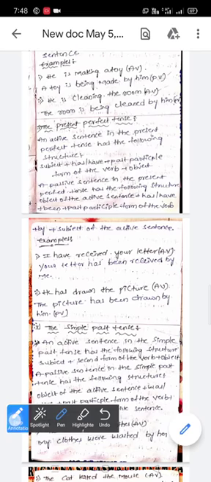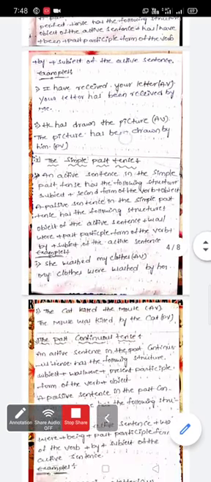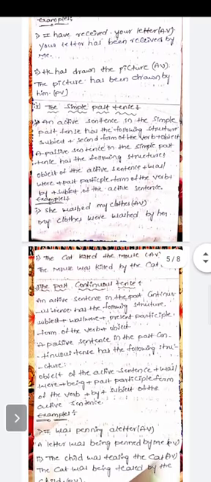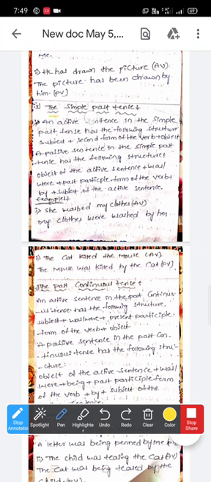And next, the simple past tense. This is the simple past tense. Okay, seeing the structures, active and passive.